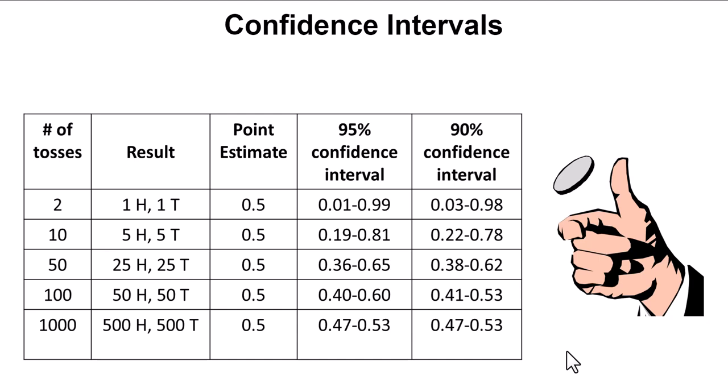You can be 95 or 90% confident that the point estimate resides between the values of 0.47 and 0.53. So the larger your sample size, the more confident you can be that the point estimate resides within that confidence interval.